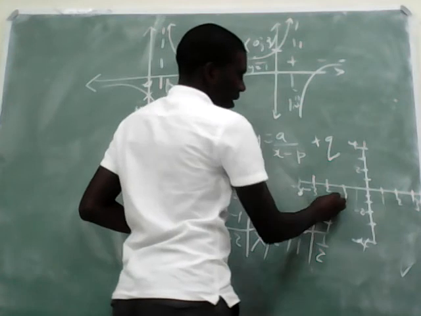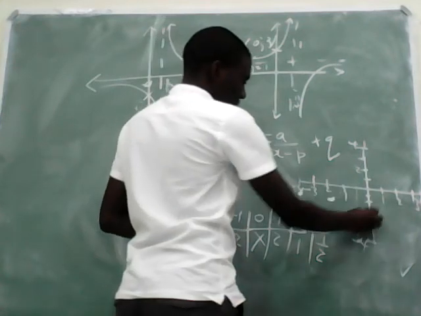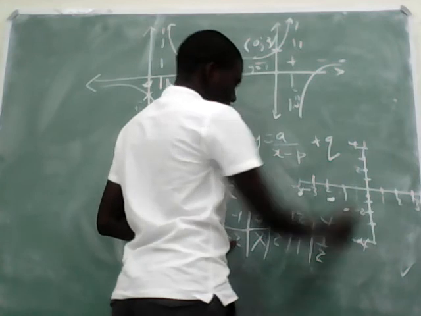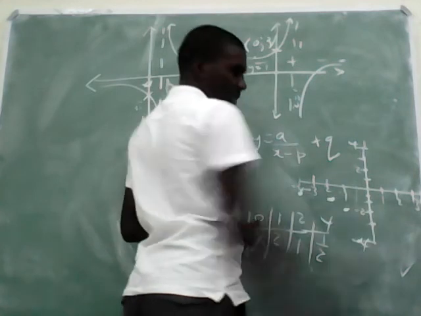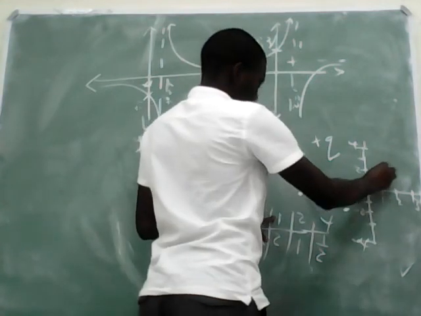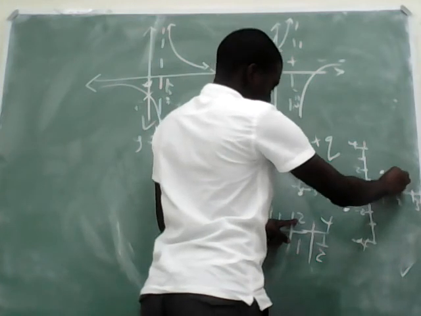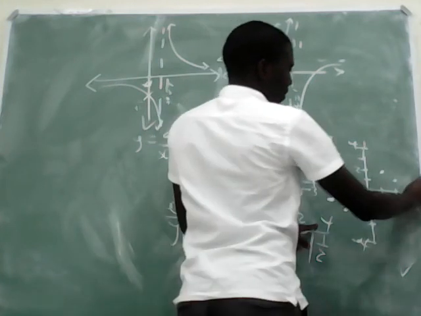Here is -1. And -1 pairs with -2. Here is -2. And 0 is impossible, undefined. 1 pairs with 2. 2 pairs with 1. And 4 pairs with half.